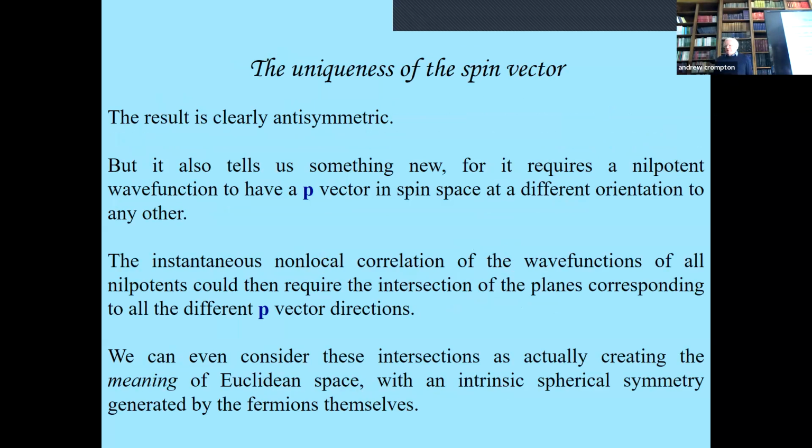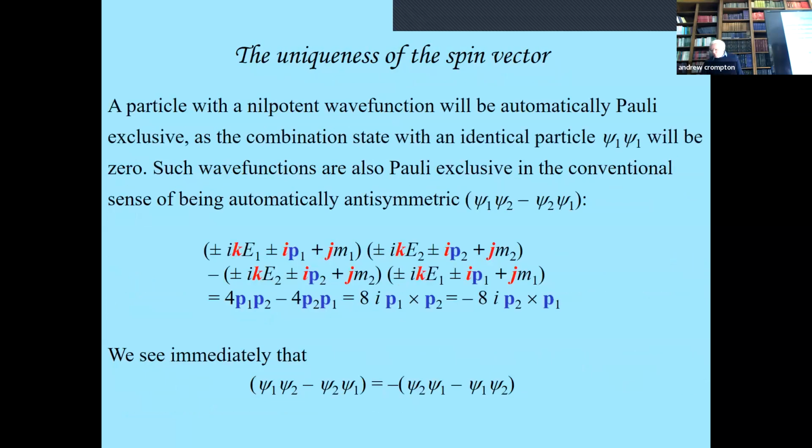So the result is clearly antisymmetric, but it tells us something new, which is an important new aspect. If you look at that P1 cross P2, that's all that's left. And the only thing stopping that cross product from being zero is the direction of P1 and P2.